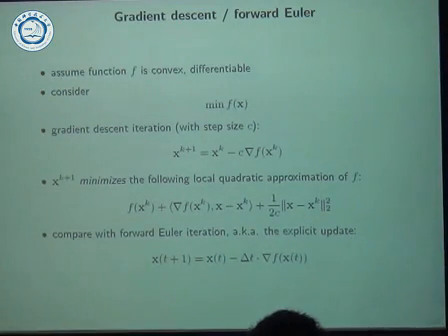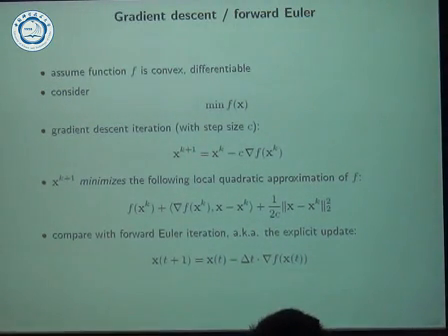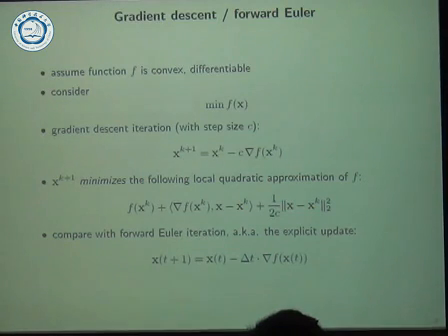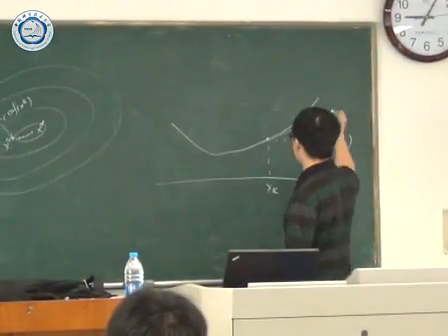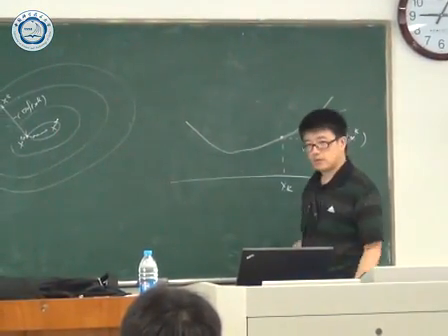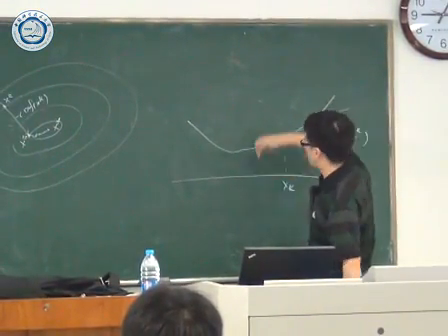So if I draw a one-dimensional function like this, and I'm here at xk, and this value is f of xk, what I'm doing is looking at the gradient and then curving it up with a quadratic.